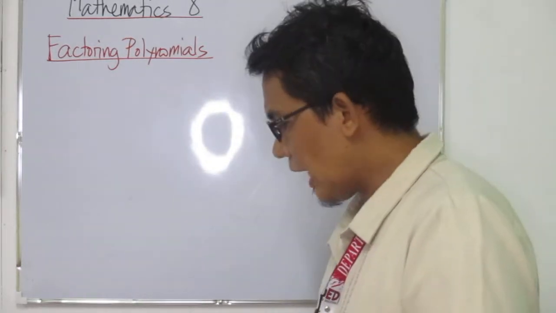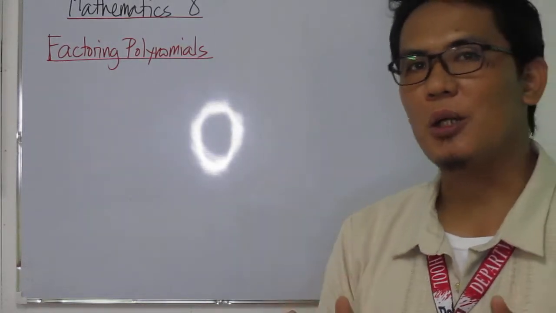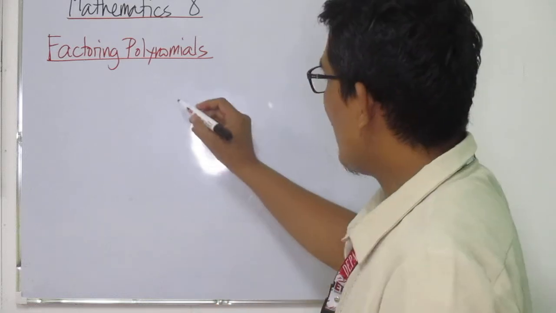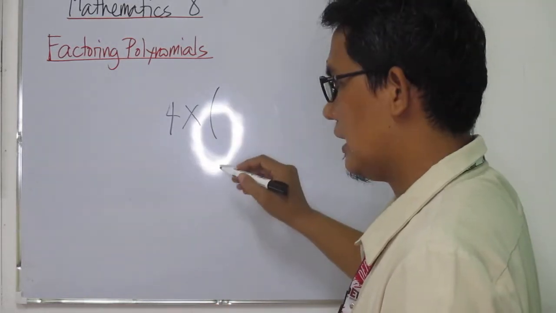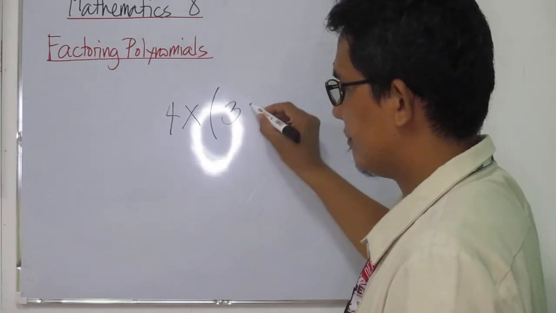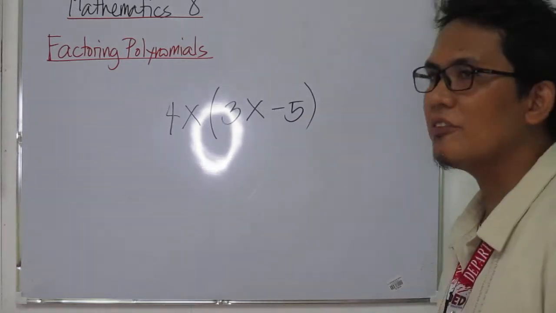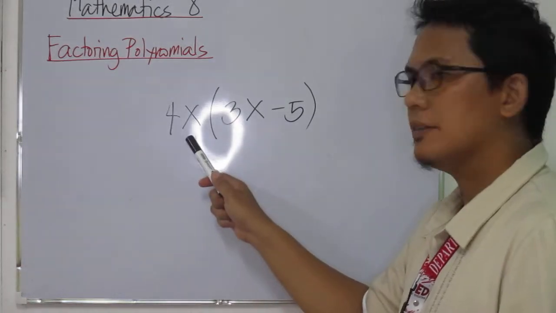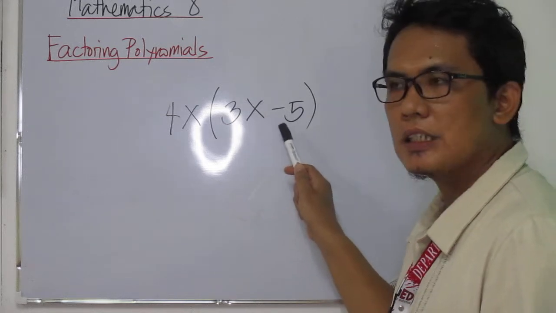Okay? So let us try to recall first multiplying polynomials, which was discussed when you were in grade 7. So say for example, if we have this expression, how are we going to simplify or find the product of 4x multiplied to this binomial 3x minus 5?